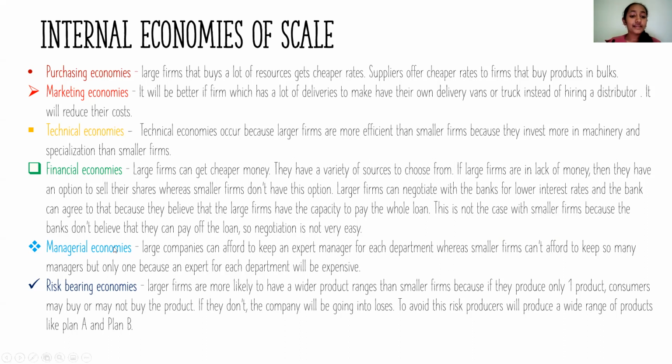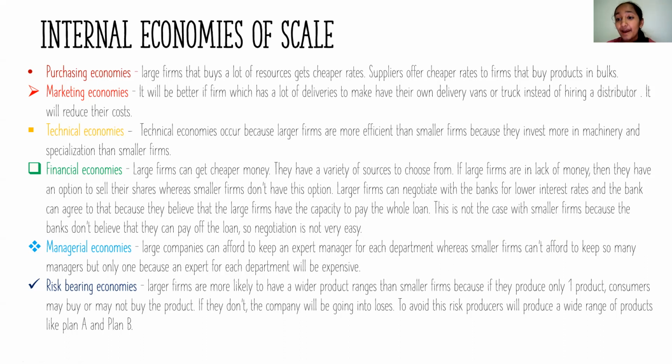Just like that, in risk-bearing economies, a wide range of products is produced by large firms so that there can be Plan A and Plan B. So if a customer buys one product more than the other, they wouldn't go into losses because they have a wide range already. And small firms can't do that because they only produce one product.